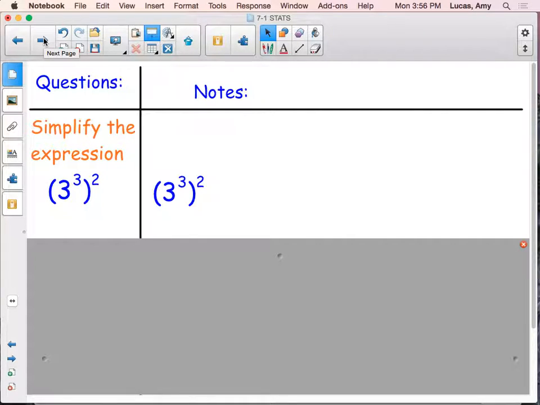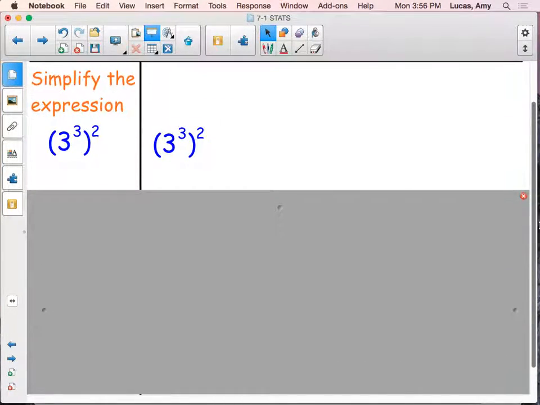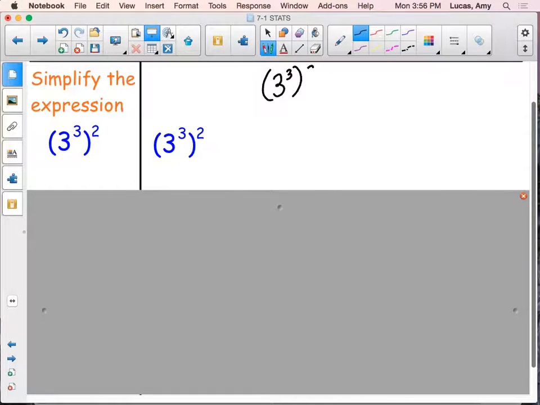Simplify the expression. 3 to the third power to the second power. So 3 to the third power, you have a couple of different options on this problem. If you want to use PEMDAS, you could do 3 to the third. 3 to the third means 3 times 3 times 3. So 3 times 3 is 9, times 3 is 27.